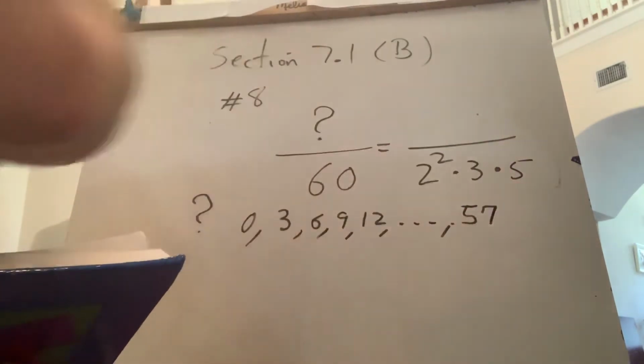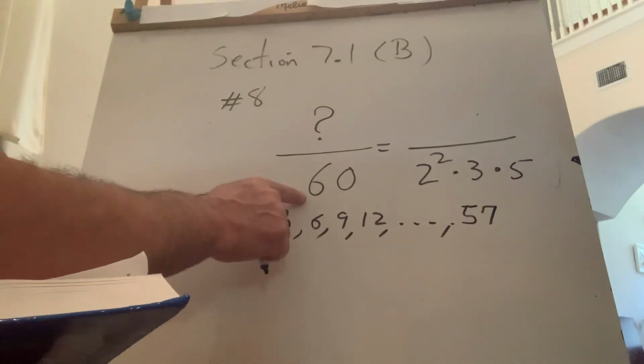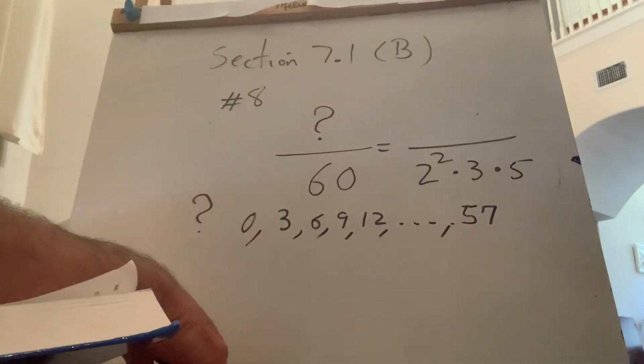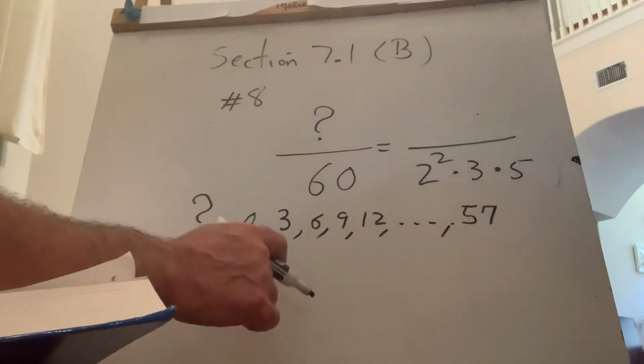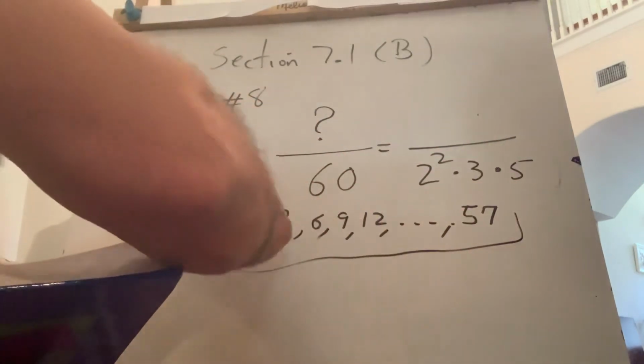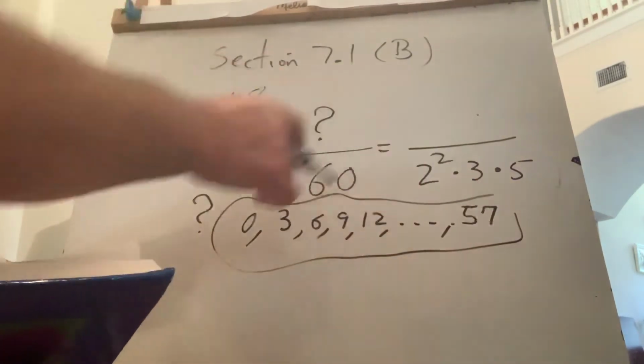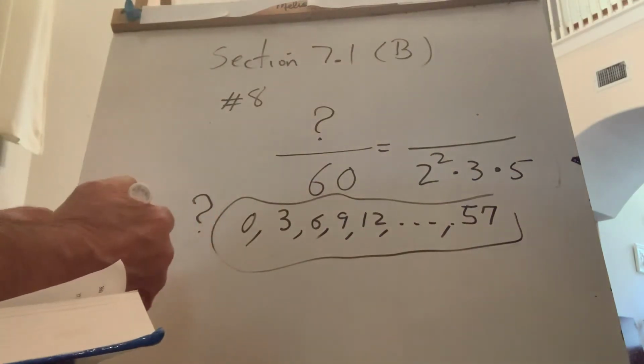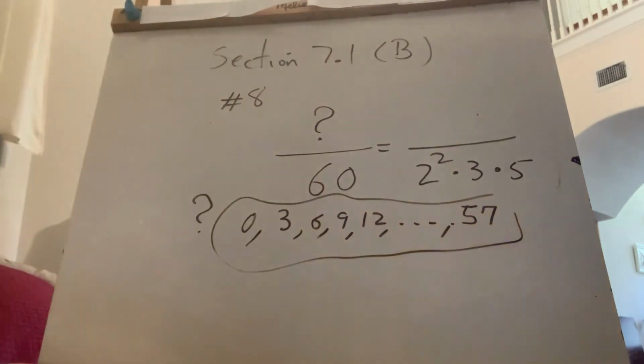Why stop at 57? Because that's the last number divisible by 3 that is less than 60. Those will be your answers, going all the way to 57. That should give you all the whole numbers of minutes that can be represented as terminating decimals. Okay, guys, thanks.